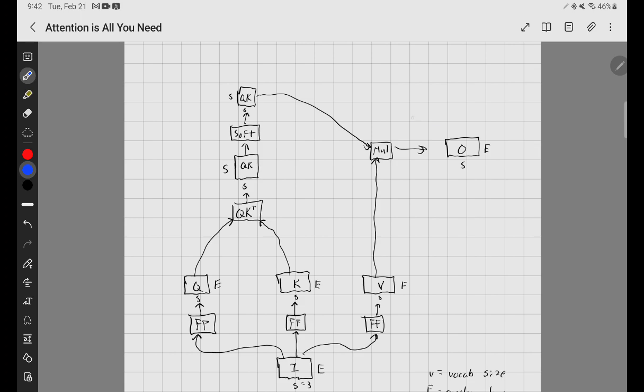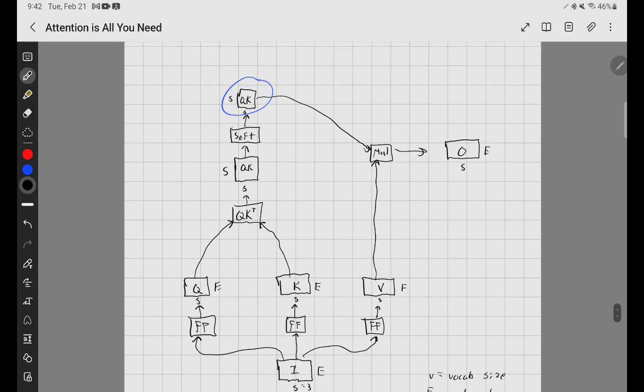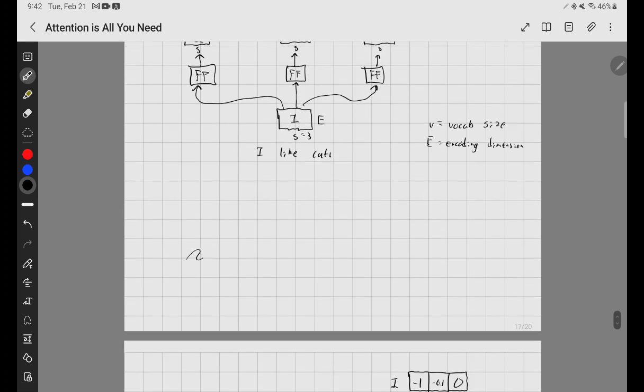In a way, this is like a feed-forward matrix. So you can think of it like I have an input, I like cats, and this would be a vector of shape 3, that would be S, by E. And then it's a feed-forward matrix along the S dimension, where S equals 3.